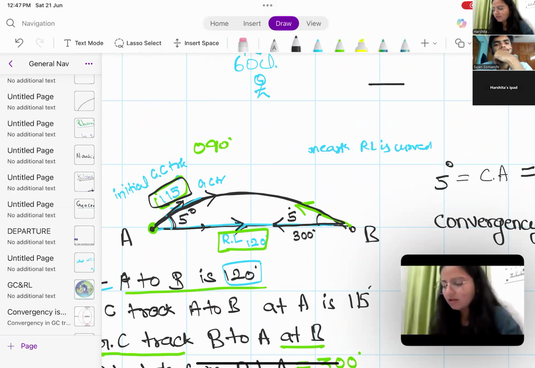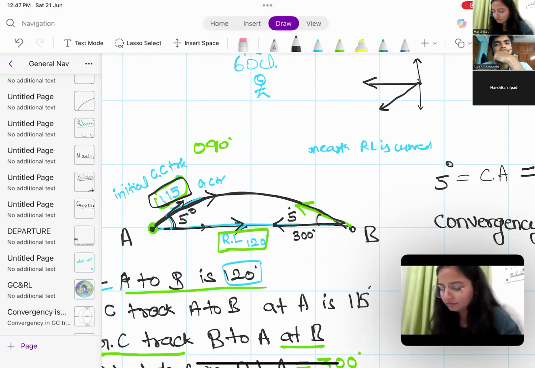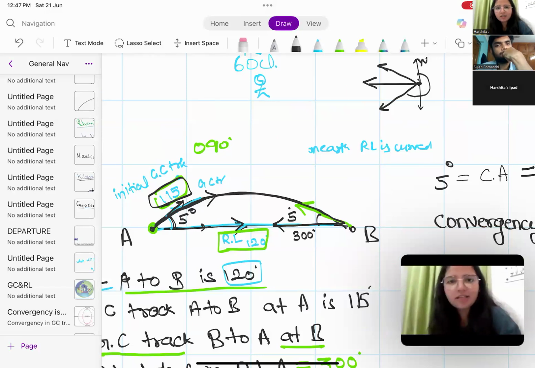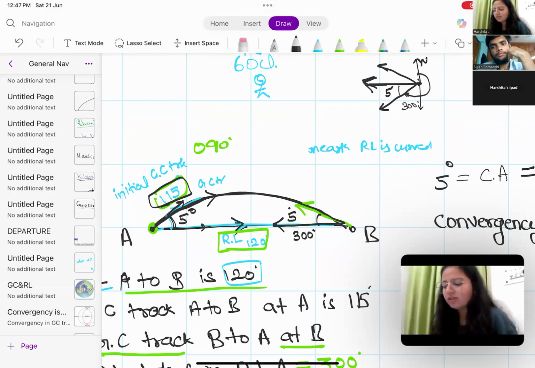Now tell me, starting from the north, we start our calculations like this in the clockwise direction. This is a particular angle, say 300 degree. This is 5. What will this angle be? 305.